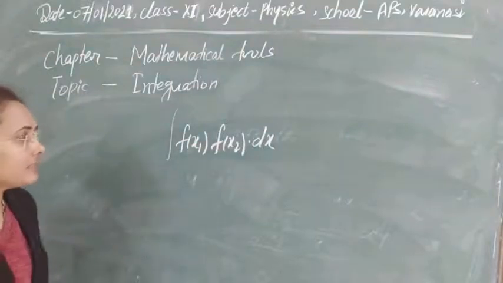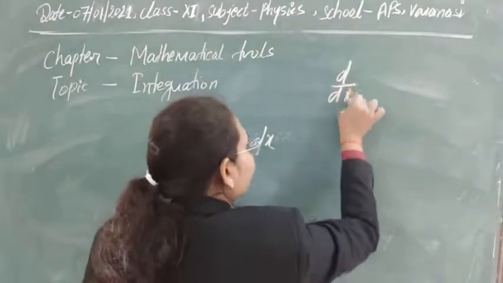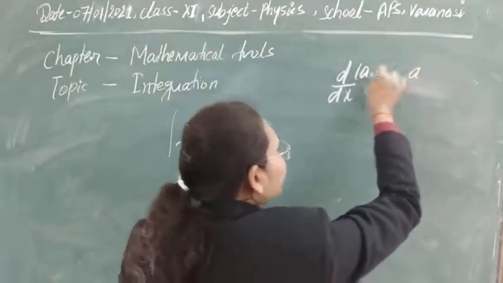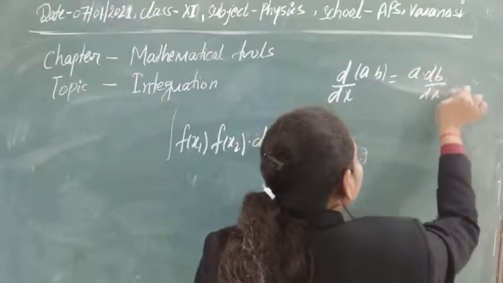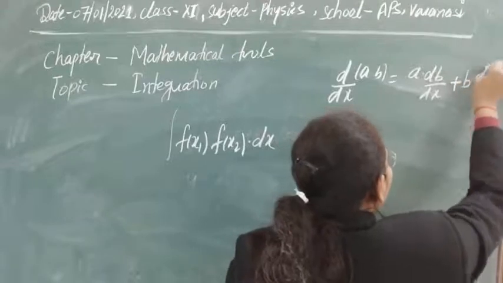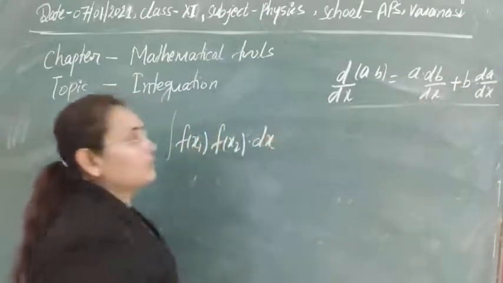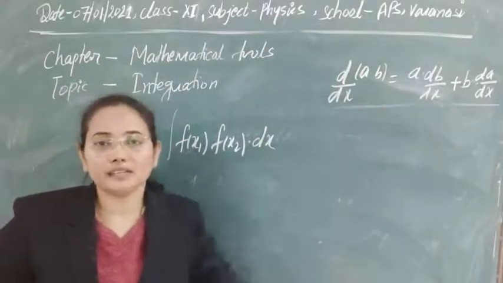Like in differentiation, if we have to differentiate the product of some quantities, then we just put one as a constant, differentiate the other with respect to x, after that put a plus sign, and differentiate the other term. So this is the method to differentiate the product of the functions that is given.